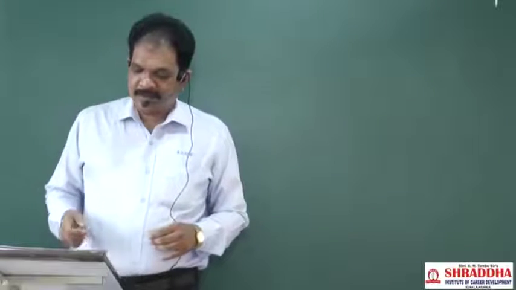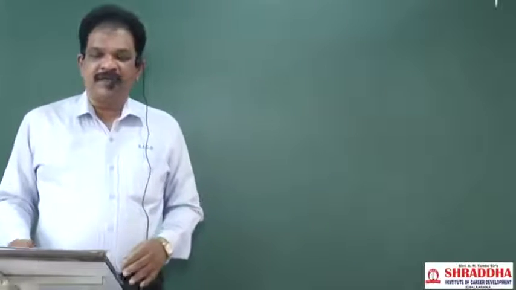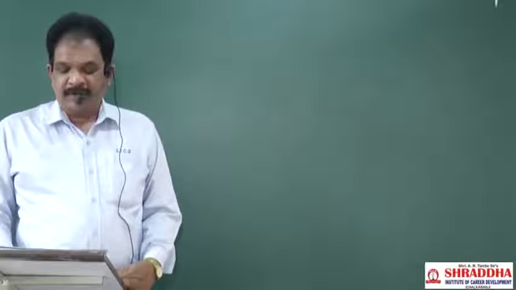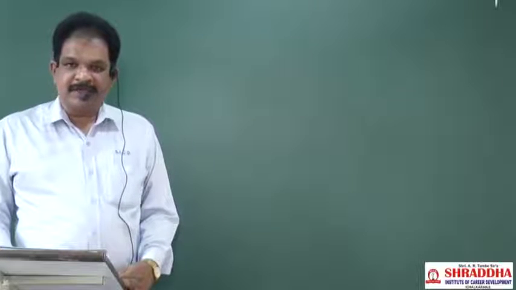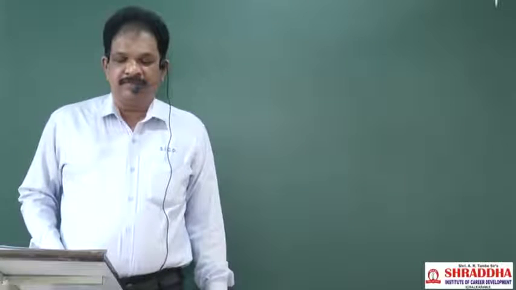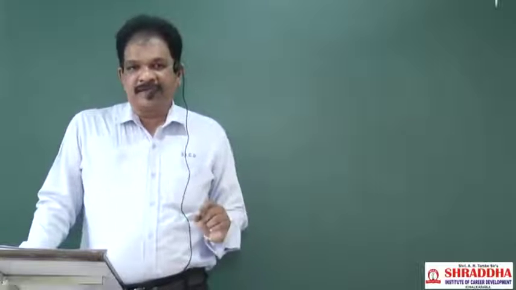Good morning students. In the last class we finished up to 35 dimensional formulas. What we wrote in the last was stress. Stress dimensional formula will be M L power minus 1 T power minus 2.